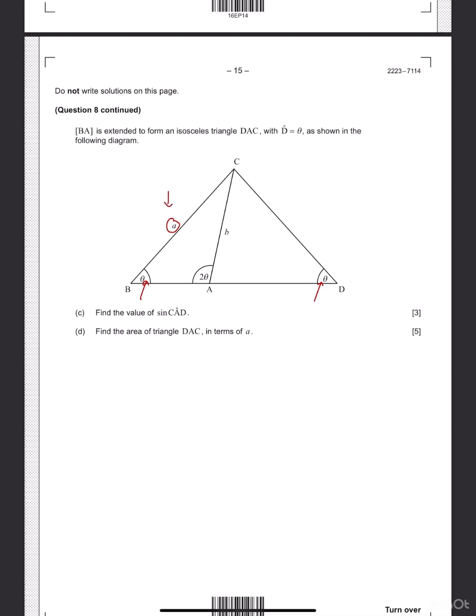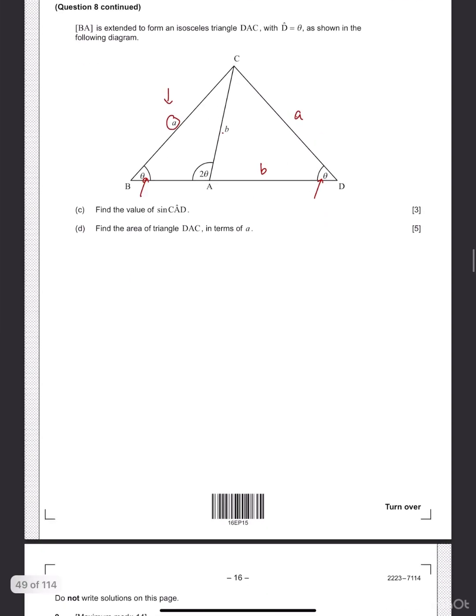So if this is A, this must be A also. Since it's A and B, this can be considered as B, because the tiny triangle and the whole triangle are also isosceles. That is why I can consider the lengths like that.